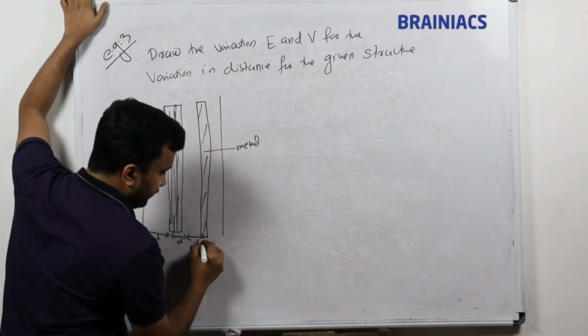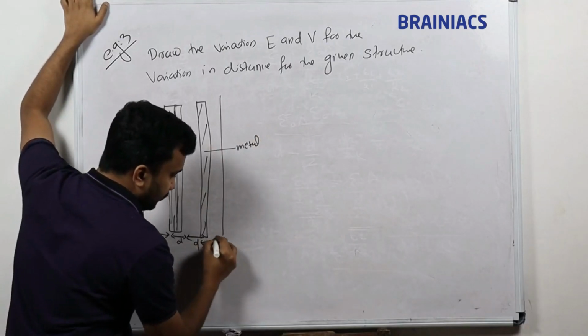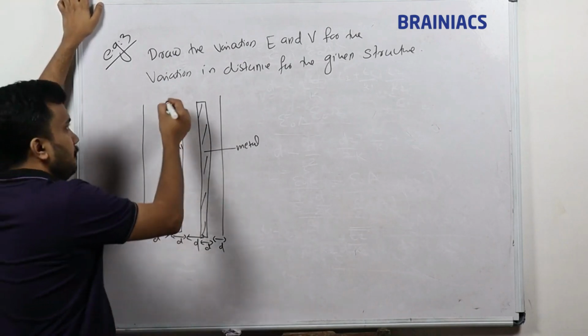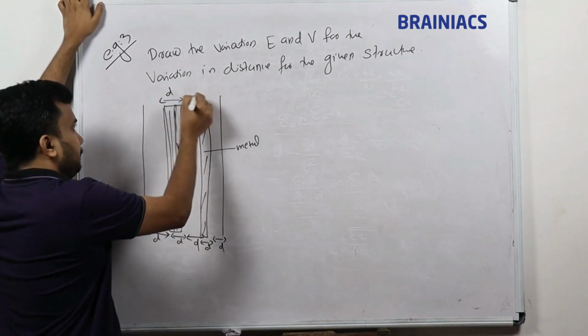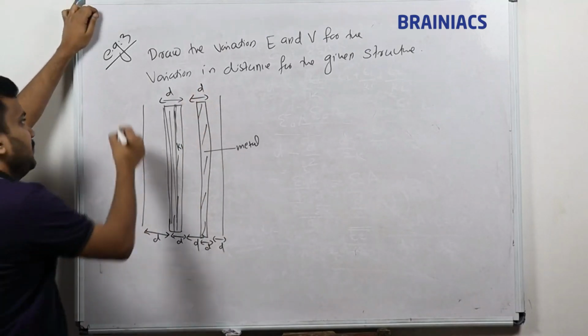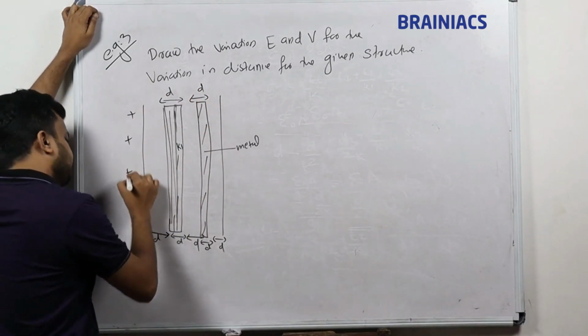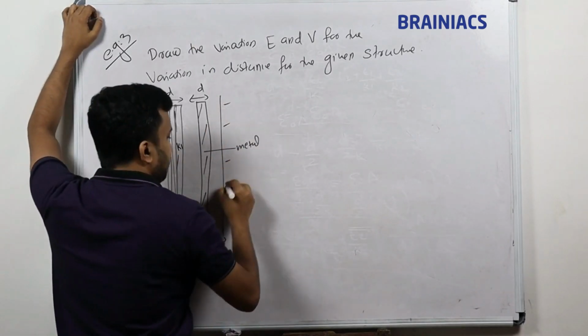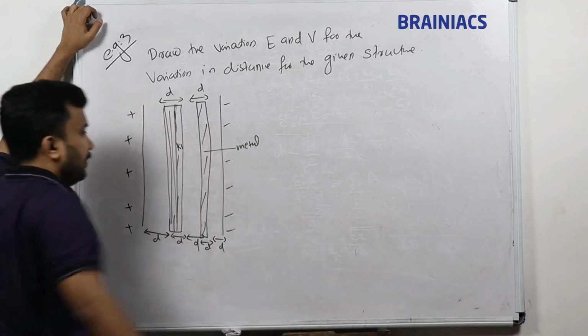This value is also D, and this value is also D. So everything is D meters apart. This is the positive plate, and this is the negative plate. Perfect.